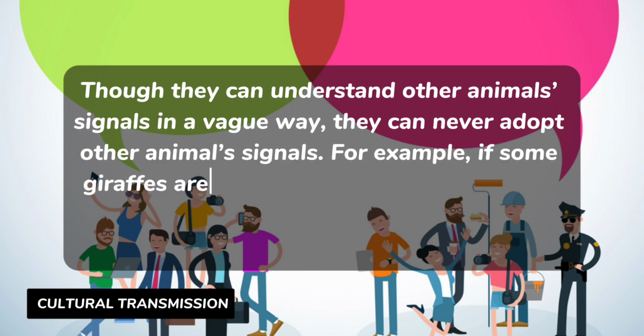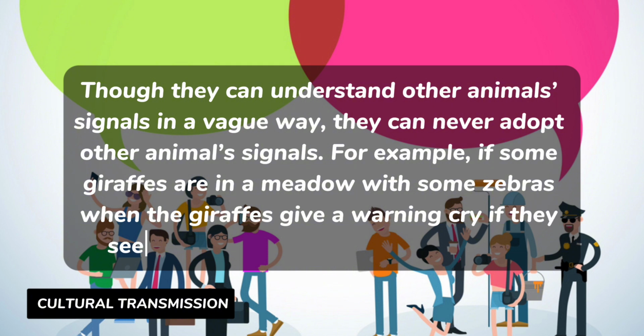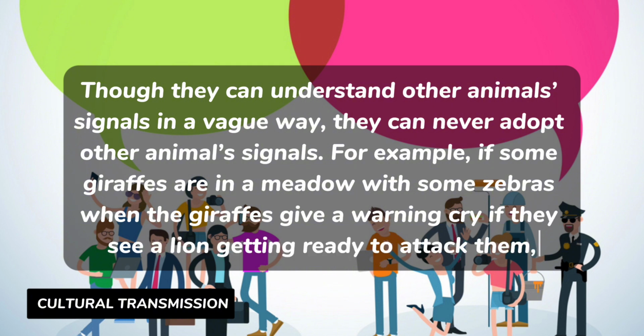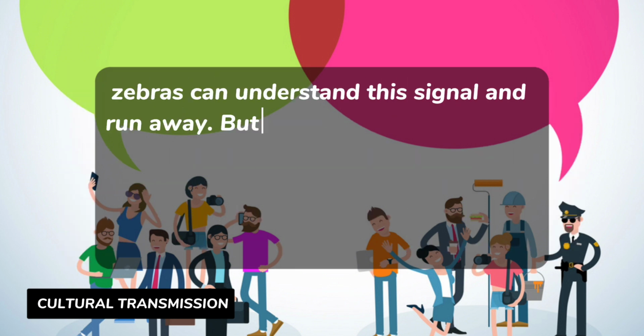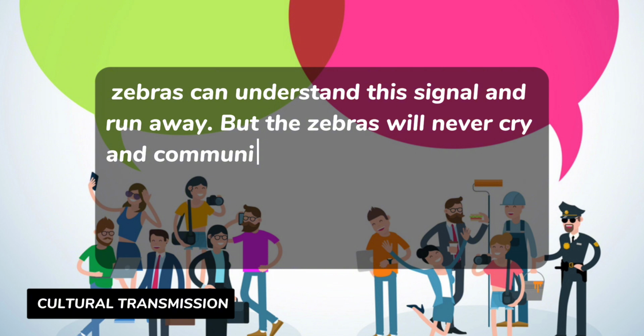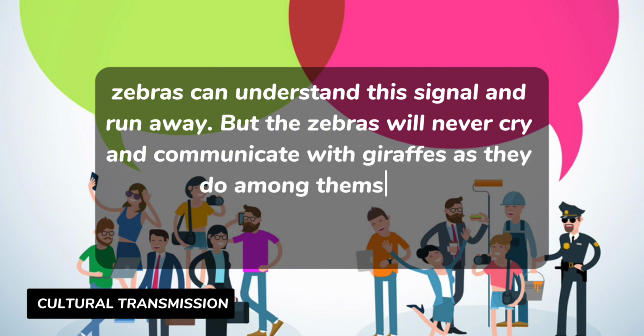For example, if some giraffes are in a meadow with some zebras, when the giraffes give a warning cry if they see a lion getting ready to attack them, zebras can understand this signal and run away. But the zebras will never cry and communicate with giraffes as they do among themselves.